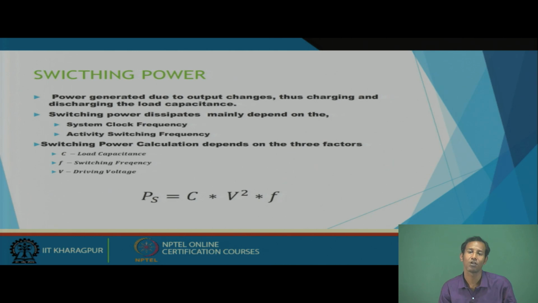The same fundamentals work here. Whenever your system clock frequency is higher, that means you are sampling the data, working with your data at a very higher rate, so at that time your power consumption will be more. If your system clock frequency is slower, the corresponding energy consumption will be lower.